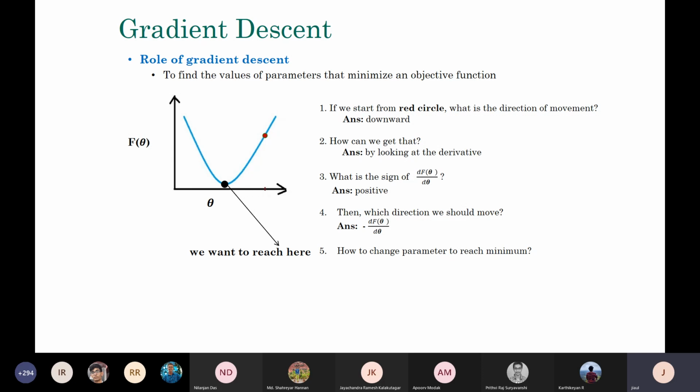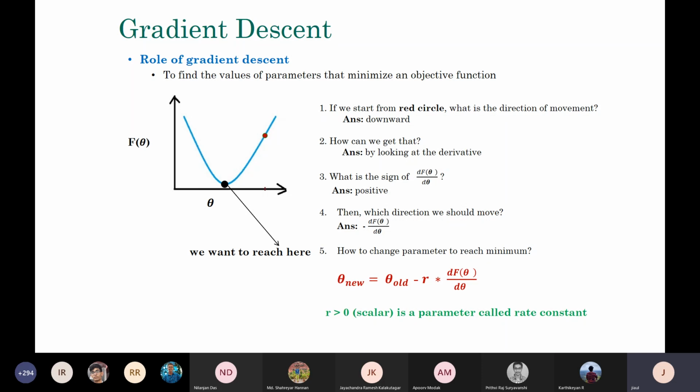My update equation would be theta new equals theta old, minus r into df(theta) by d theta. So minus df(theta) by d theta is what tells you which direction you should move.